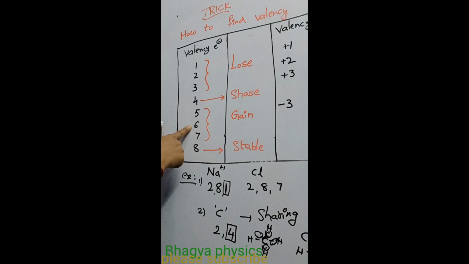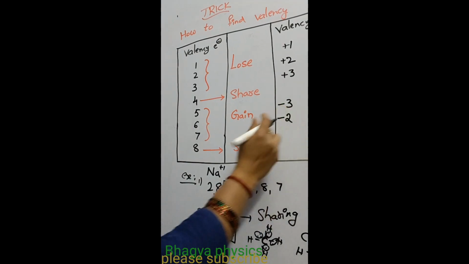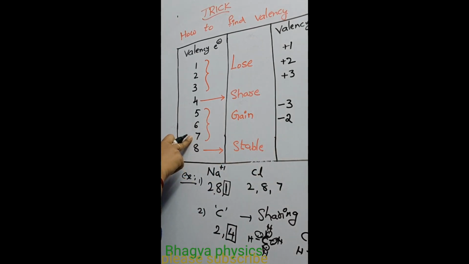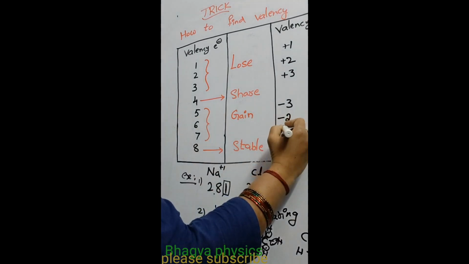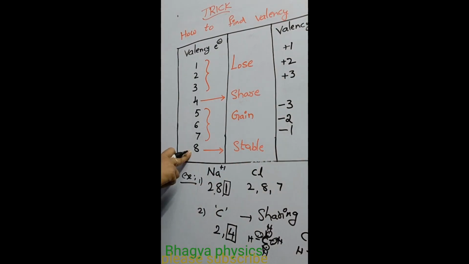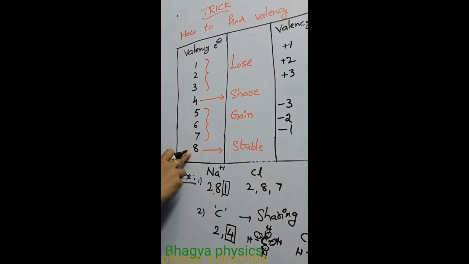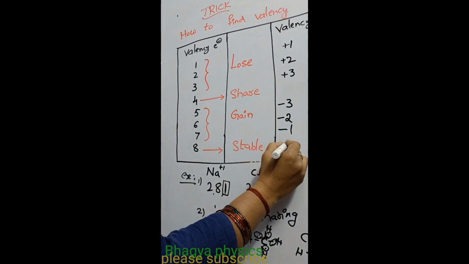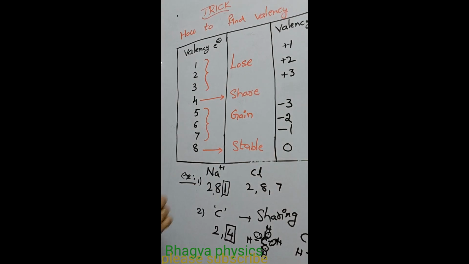If any atom has 6 valency electrons, by gaining 2 electrons the valency is -2. In the same way, if any atom has 7 valency electrons, it will easily gain 1 extra electron. That is why the valency is -1. If any atom has 8 electrons in its outermost orbit, it doesn't react with any other atom, so the valency will be 0. Let us go to examples now.